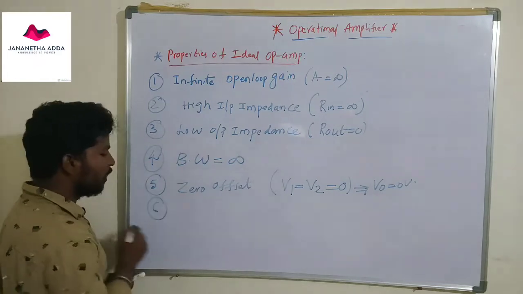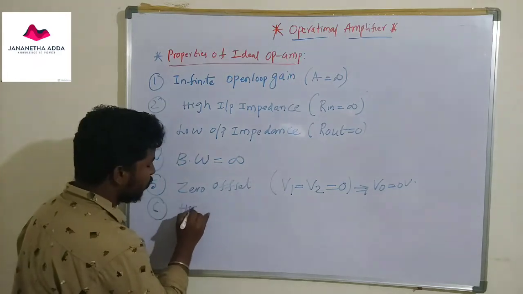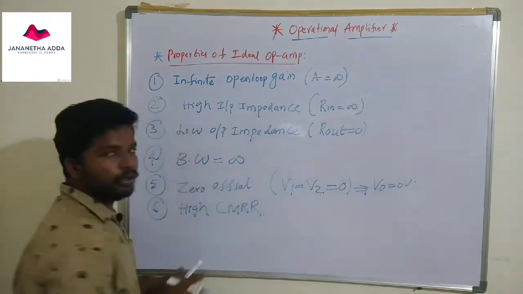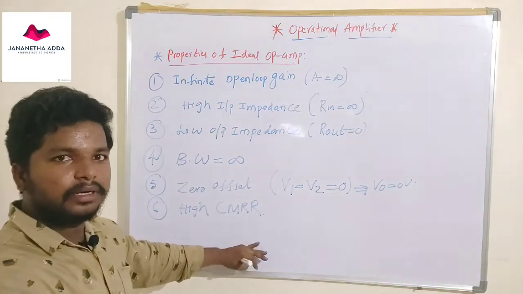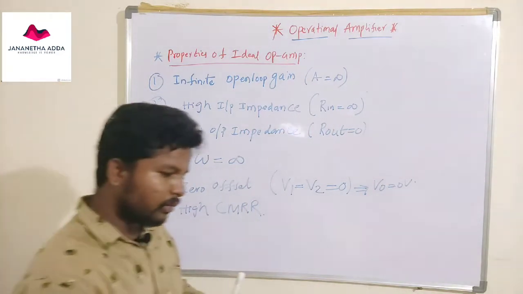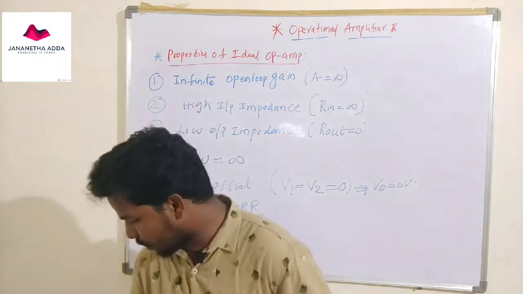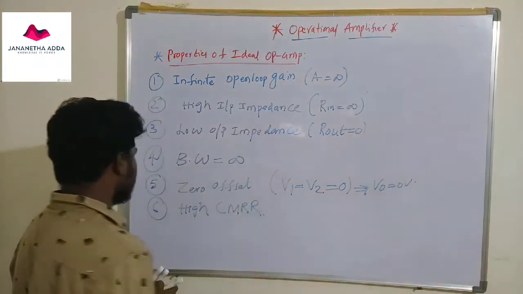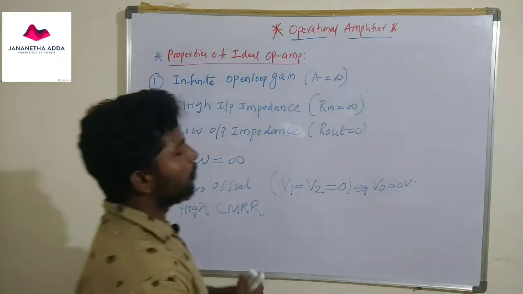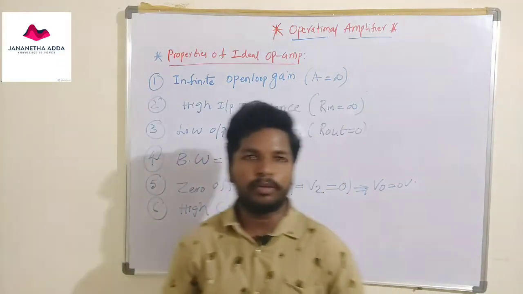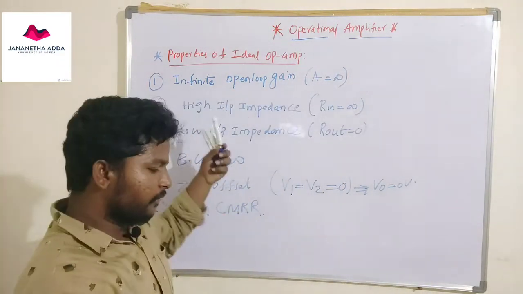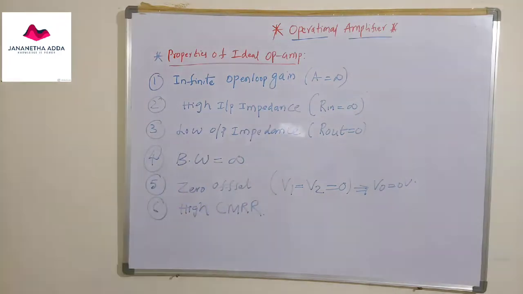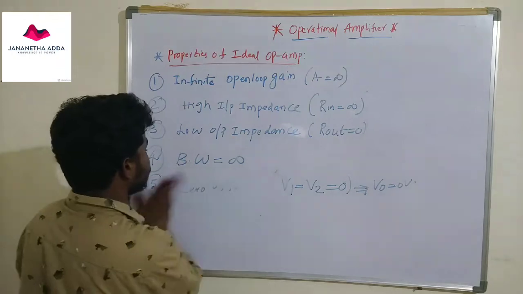And also it has a high common mode rejection ratio, high CMRR, which is able to reject the common mode signal, the common mode inputs. These are the properties we expect from an operational amplifier, and we will discuss each and every property by taking one example.